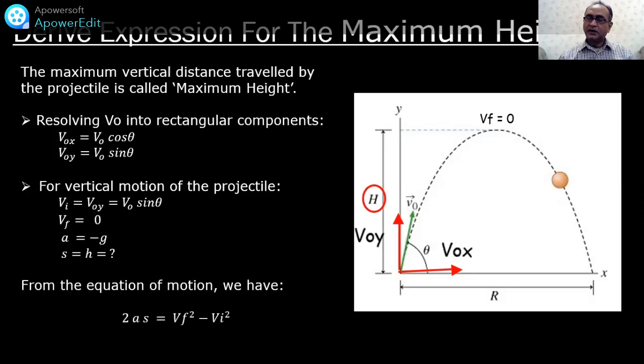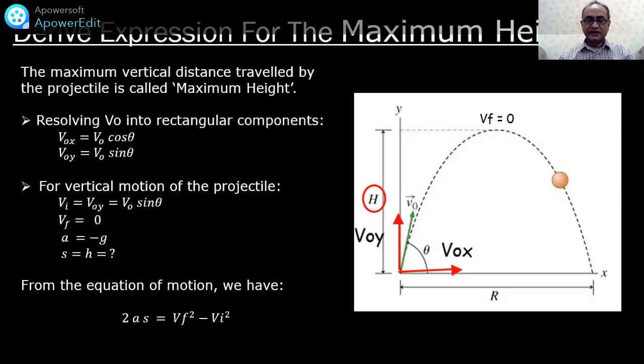What we did here is we resolved velocity into its two components. Since we'll be deriving equations for the vertical motion, which component will we use? V naught sine theta. The other data is Vf is 0, a is equal to minus g, and s is the vertical height.